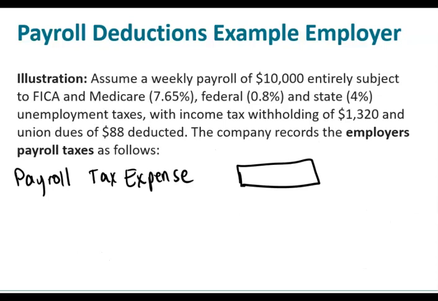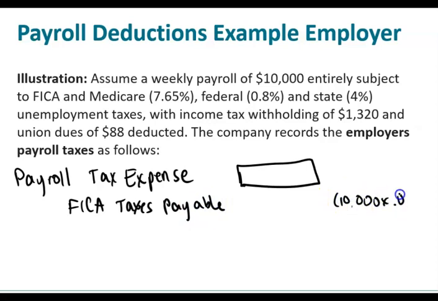So one liability that we have is the FICA taxes payable, the employer's portion. And it'll be for the same amount. It'll be the $10,000 times 0.0765. Again, remember this is the employer's portion, you don't have to write this down, but just so we know. 765.